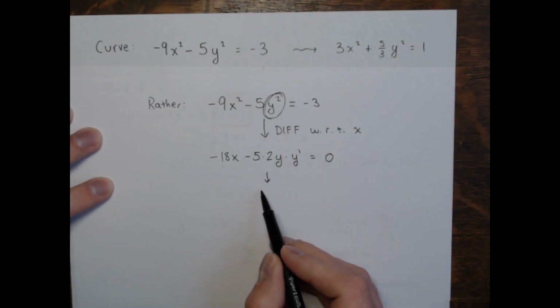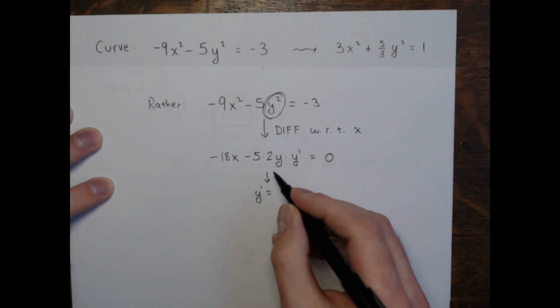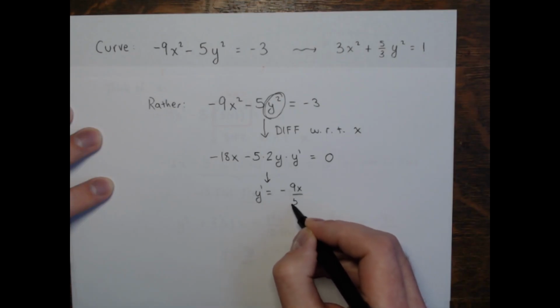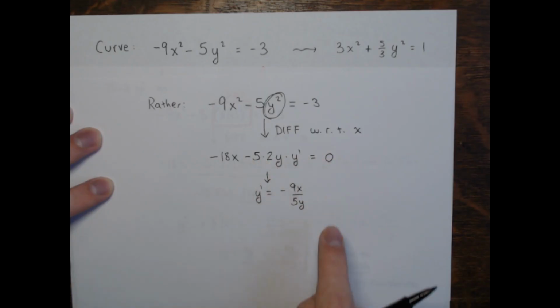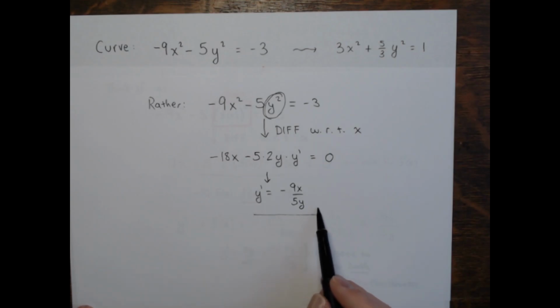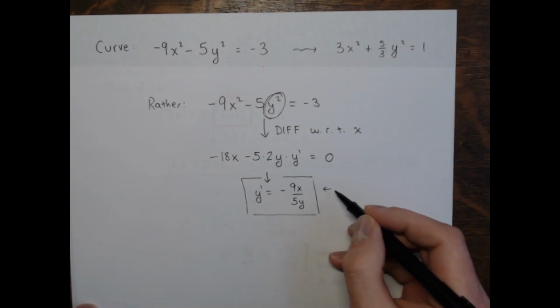And we solve for y prime. y prime, or dy over dx, would be the -9x over 5y. Like I told you earlier, you add 18x, divide by -10y, and simplify.